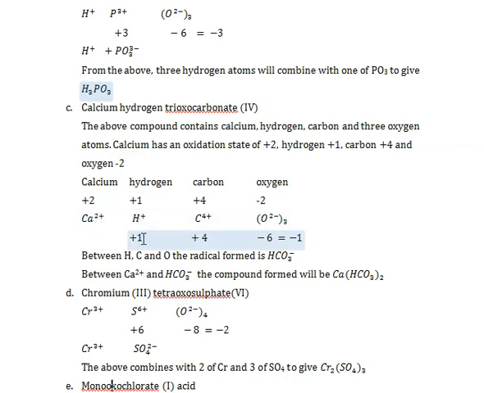Hydrogen +1, carbon +4, oxygen -6, and the net is giving us -1. Meaning when we combine H, C and O3, the charge on it is going to be minus. So now when we want to combine that with Ca2 plus, for there to be balance of charges, there has to be 2 negative charges. Hence we'll make the whole of our HCO3 to be 2, as in this.